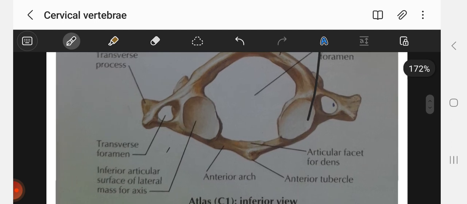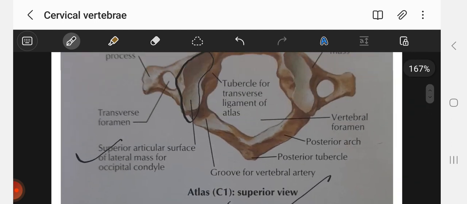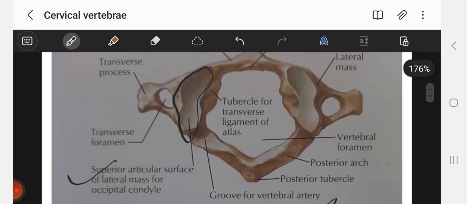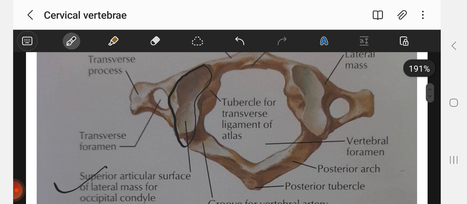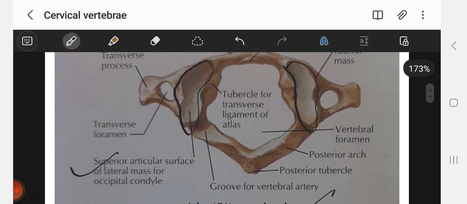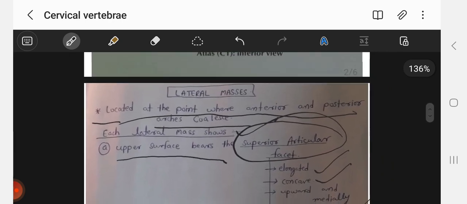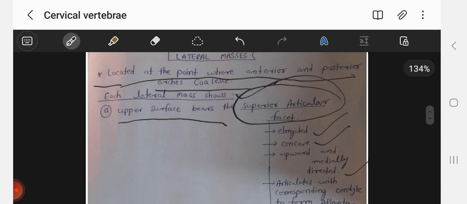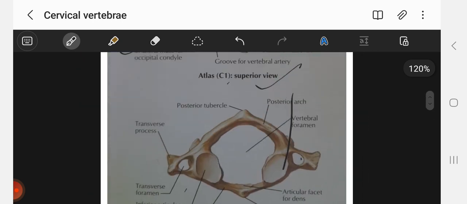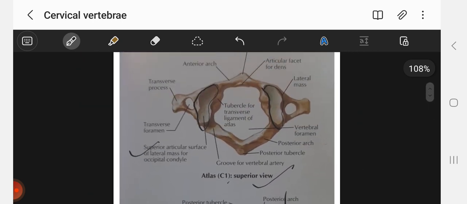If you closely look at the superior articular facet, it is upward, elongated, concave and medially directed. It is a little bit medial, not lateral.